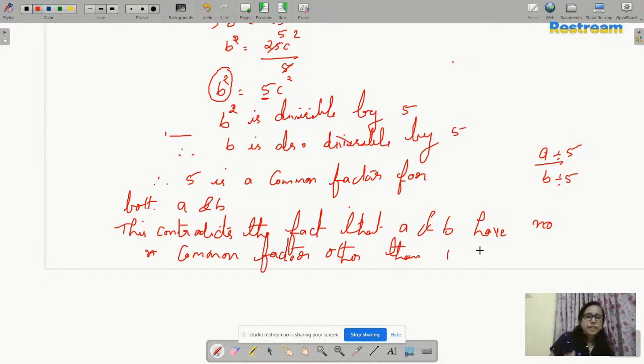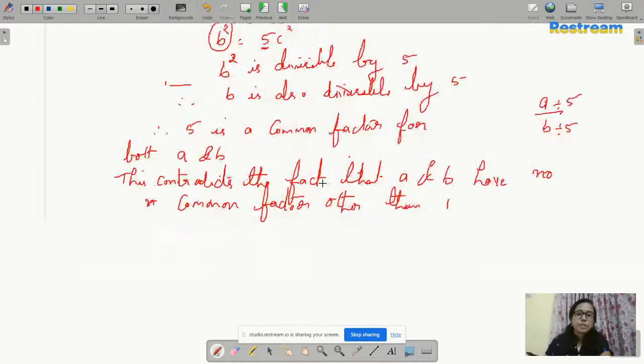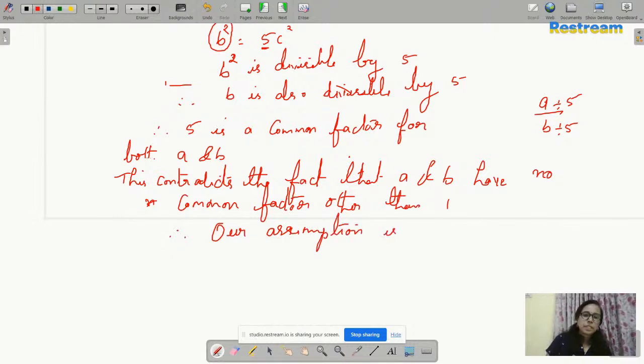This contradicts the fact that a and b have no common factor other than 1. That is the contradiction we have proved. We assumed this, other than 1. Therefore, our assumption is wrong. What is our assumption? Therefore, our assumption is wrong.